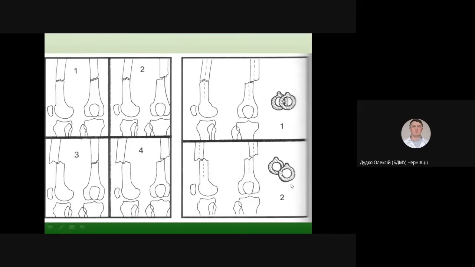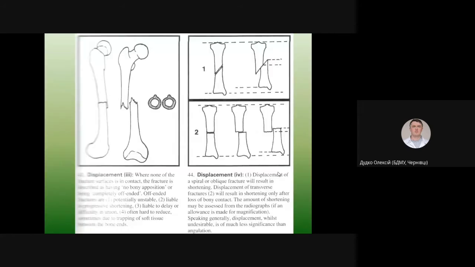In the lower picture, we have almost no connection between bone fragments. That's why we can consider that that's not good for healing, and we may expect delayed healing or even non-union. That's an example of a stable, transverse fracture, but with full displacement.